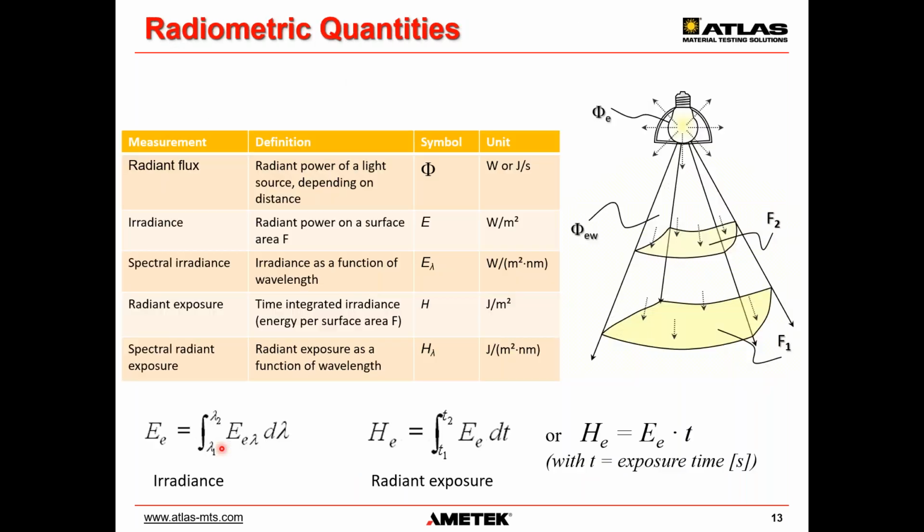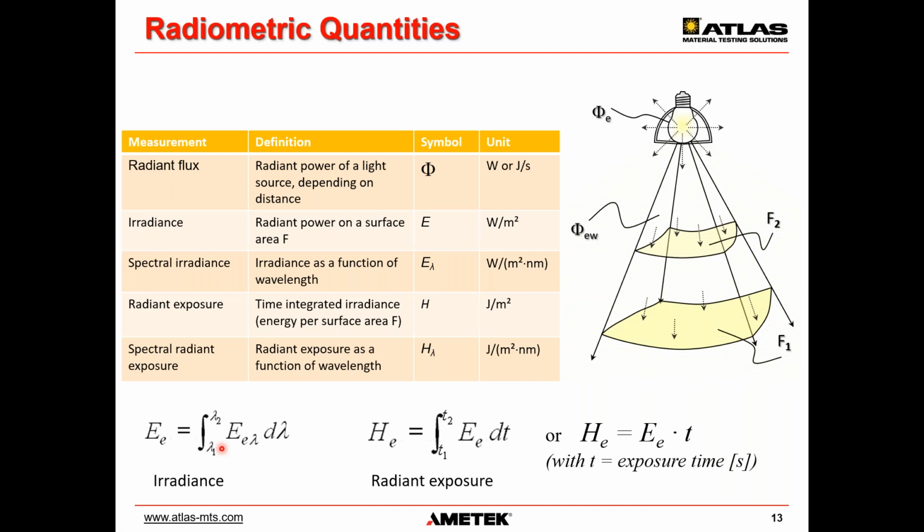To quantify solar radiation, we are not so much interested in the output of the light source. We are interested in what's received on a surface. The radiant power on a surface is what we call irradiance.